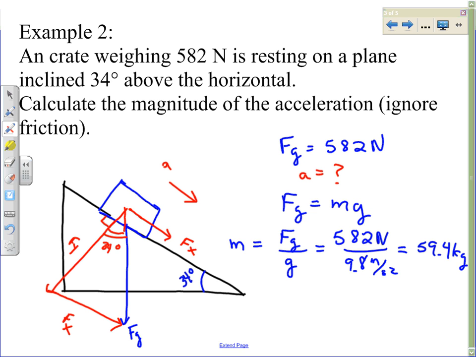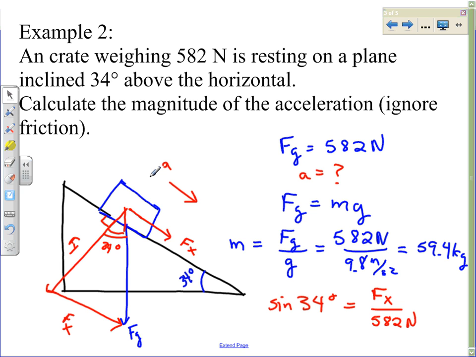Now, finding Fx. To find Fx, I'm going to use the sine of 34, which is going to equal Fx over Fg, which is 582 newtons.